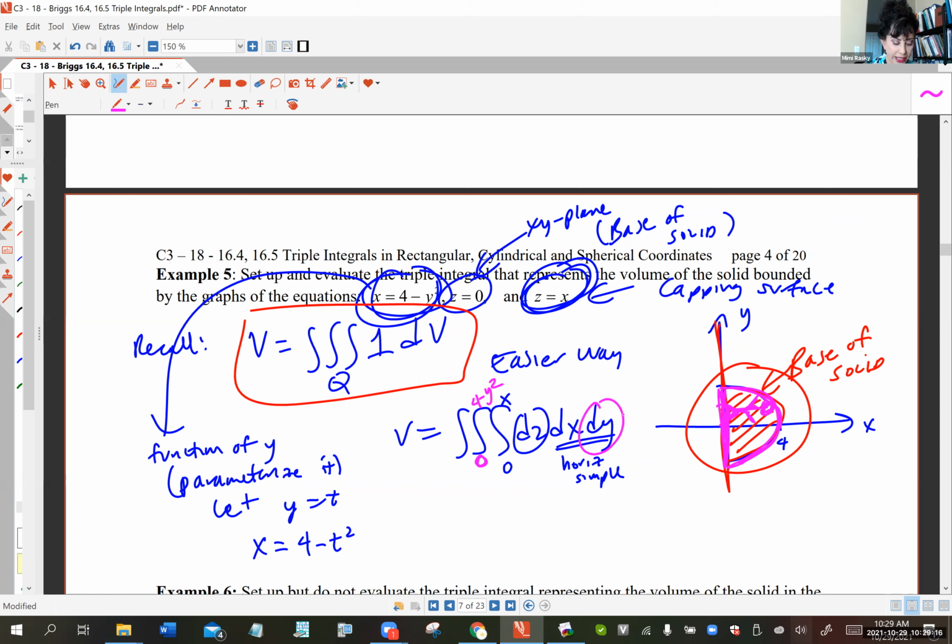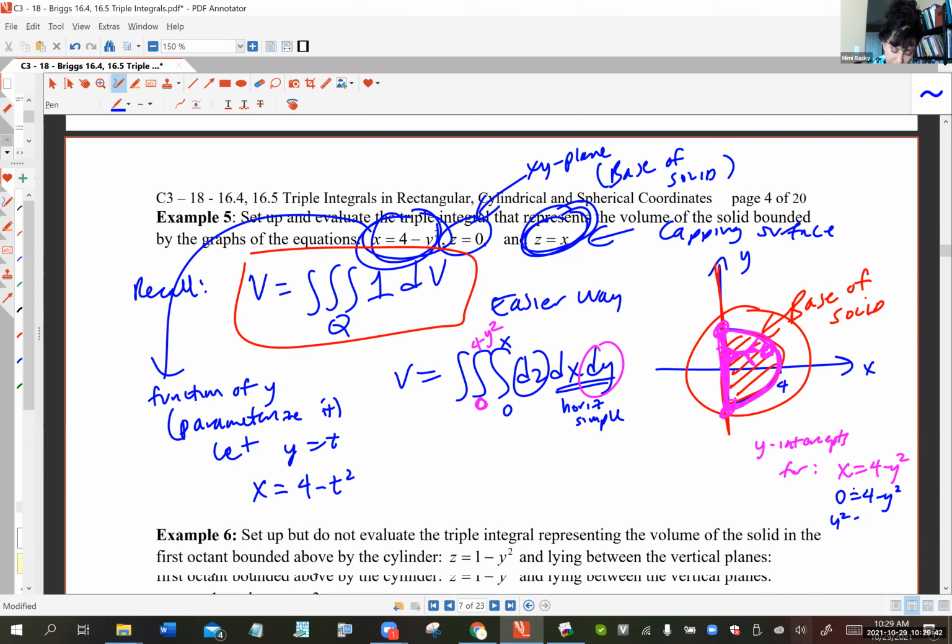And then what is y doing on this region? Well, you have to know what the y-intercepts of 4 minus y squared are. So what are the y-intercepts for x equals 4 minus y squared? To find the y-intercepts, you know from your algebra and pre-calculus days, set x equal to 0 and then solve for y.